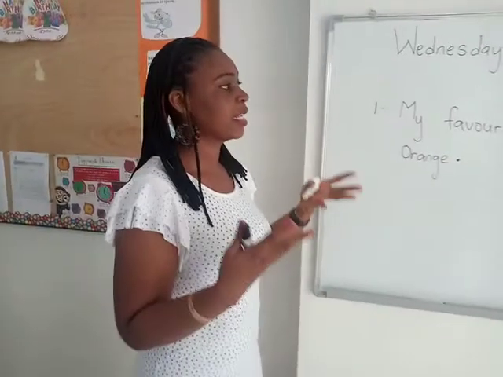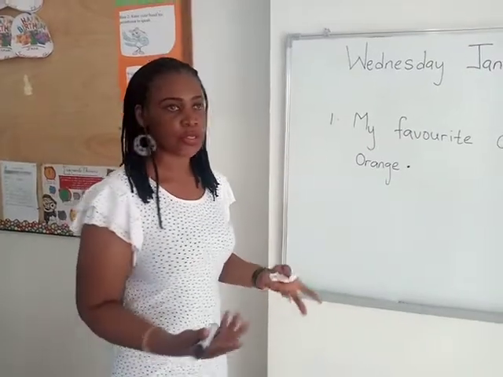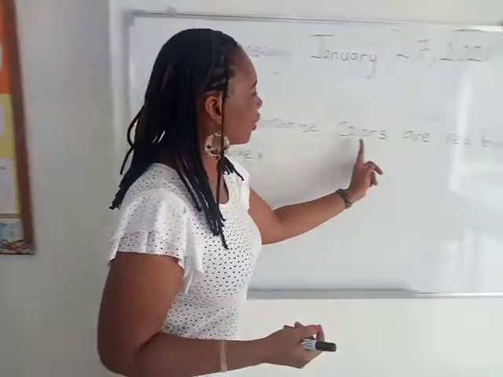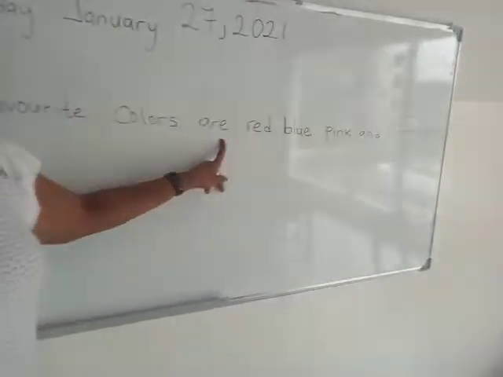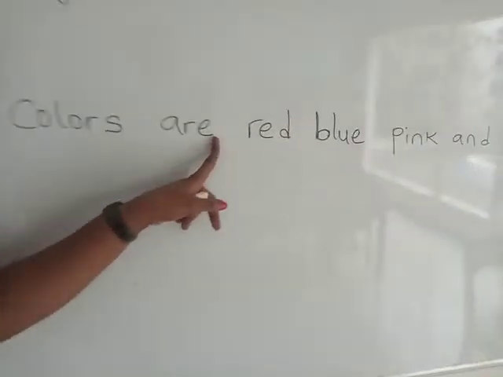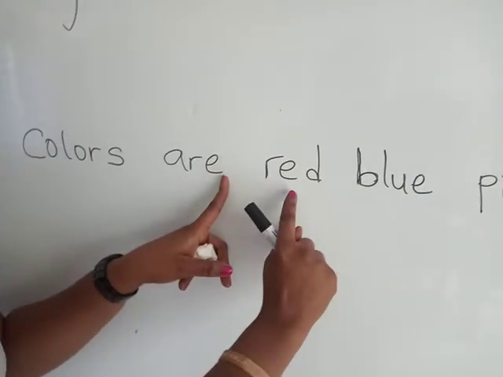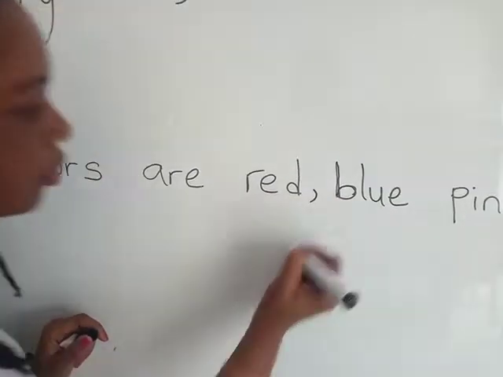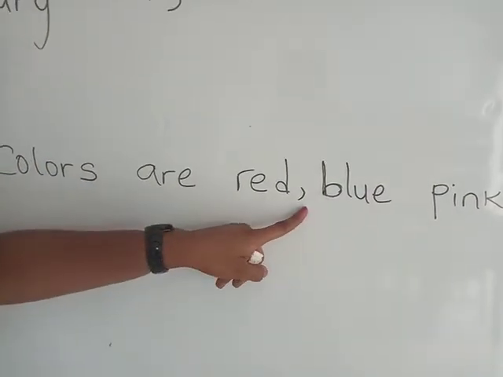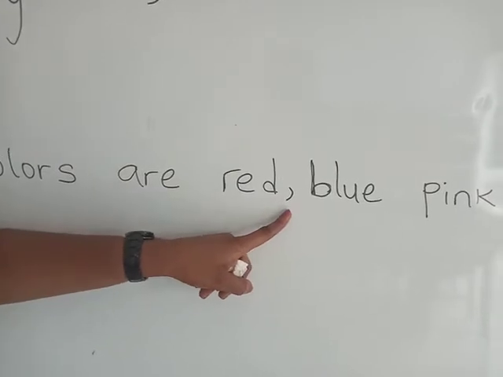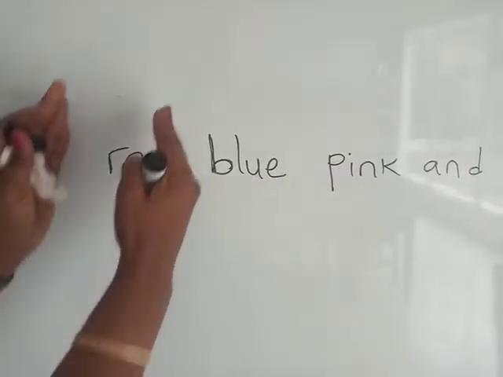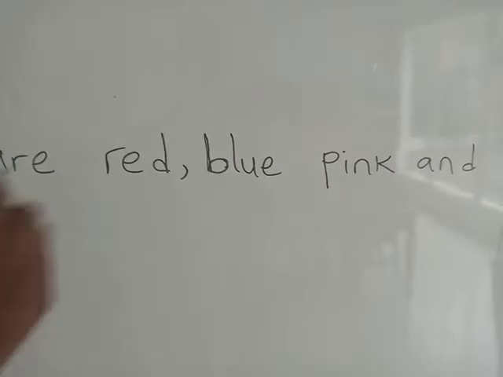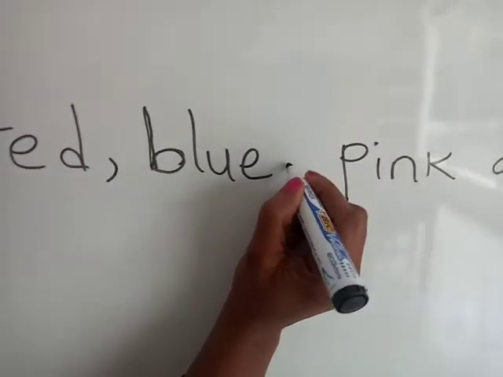Now, if you listen carefully to the sentence, you will see that Mrs. Uche is listing her favorite colors. So when you come to here, my favorite colors are, this is where the listing starts. The first favorite color of Mrs. Uche is red. So after the red, we put a comma. Remember we said that a comma is used to separate items. We have to separate them. Red is one word. The next color is blue.